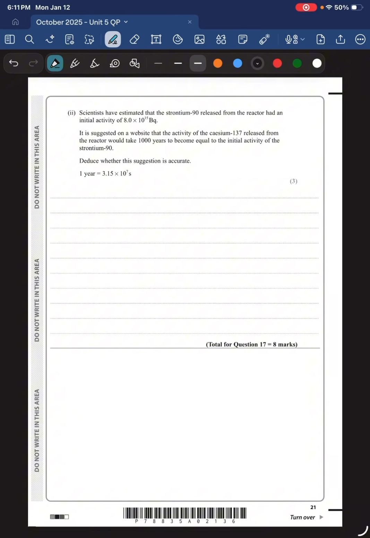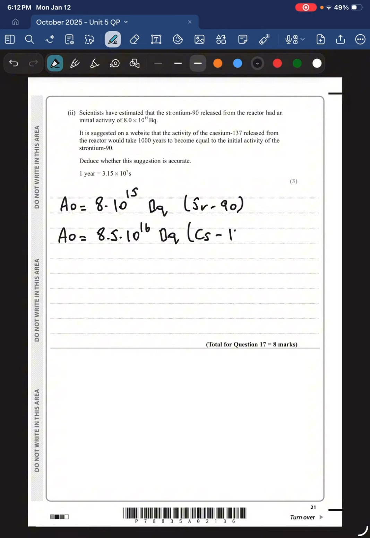So the initial activity is 8 times 10 to the 15 becquerels for strontium-90, and the initial activity is 8.5 times 10 to the 16 becquerels for cesium-137. Okay, so actually the way I wrote it might be confusing.